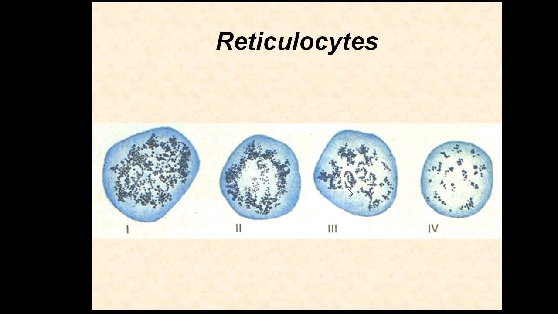That's why reticulocytes get blue granules in the cytoplasm, and the cytoplasm gets a slightly blue color. The count of reticulocytes in a healthy person is up to 10% of the total count of erythrocytes.